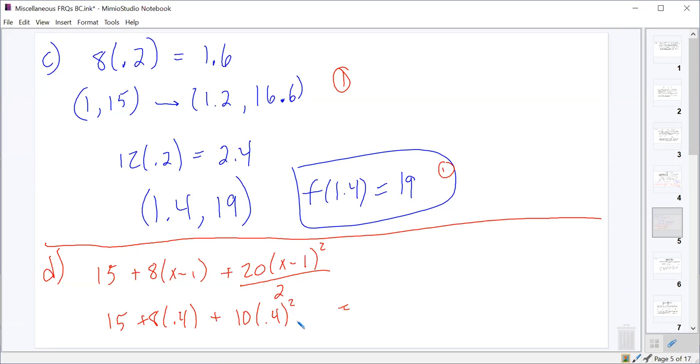What does that come out to be? For some reason I can't do arithmetic today. 19.8. Does that sound right? Cool. And that one was worth 2 points, 1 for the polynomial, 1 for the answer of 19.8.